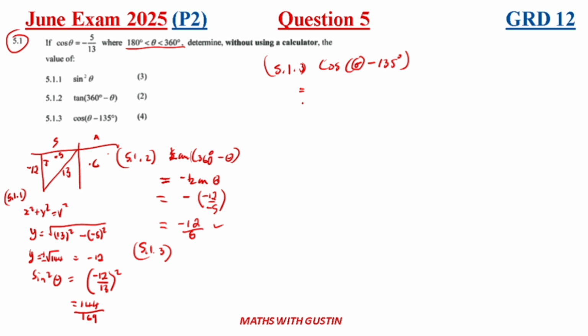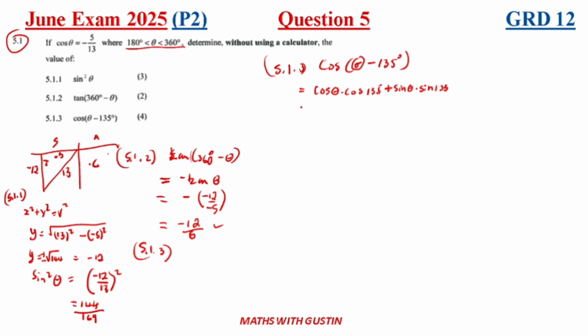We need to expand this now. Right, so it's going to be cos theta cos 135 minus, so it's going to change here, it's going to become positive sine theta sine 135. I need to write a little bit slower so that I don't make mistakes.